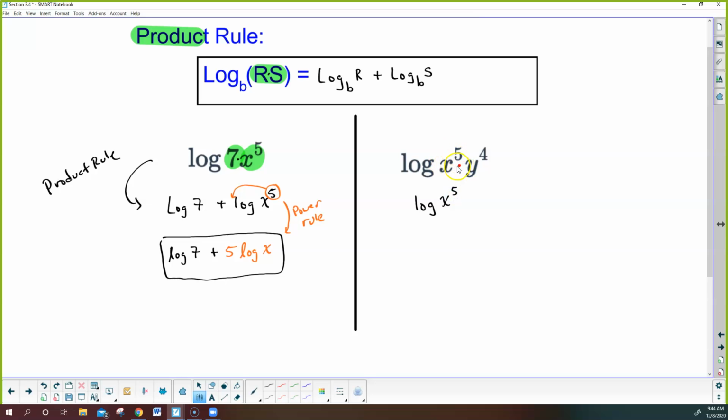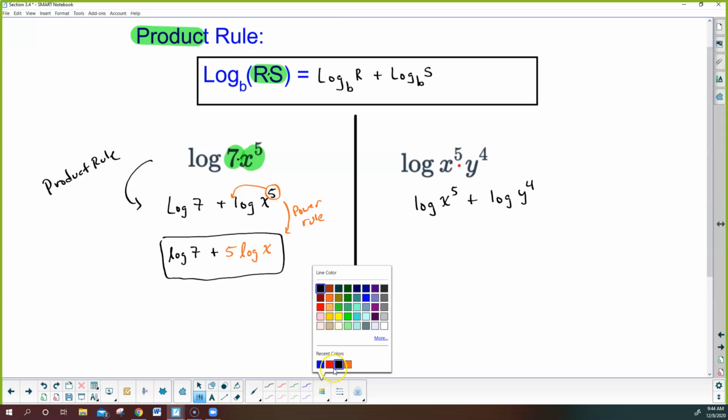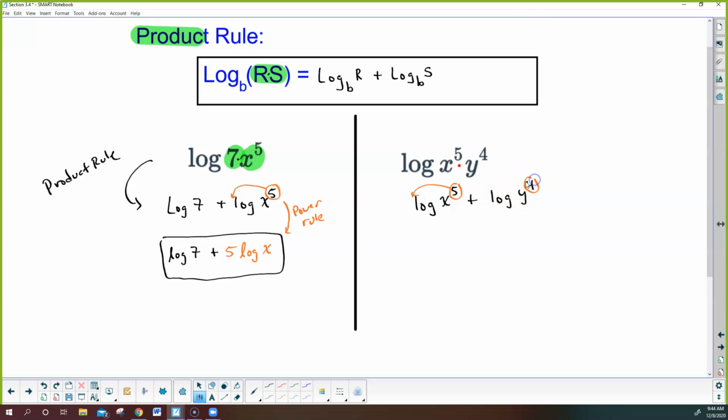So my product is x to the 5th times y to the 4th. We're going to split that up as a sum of the log of x to the 5th plus the log of y to the 4th. So there's my product rule. But then I'm going to apply the power rule and just put those exponents out in front.